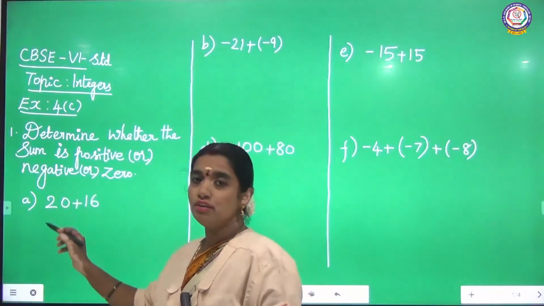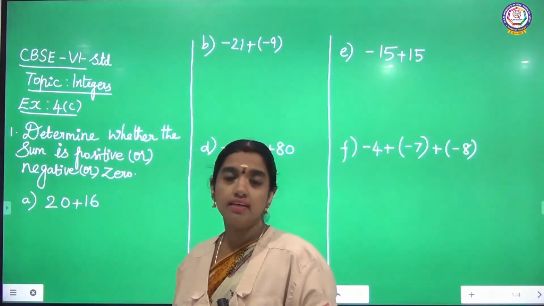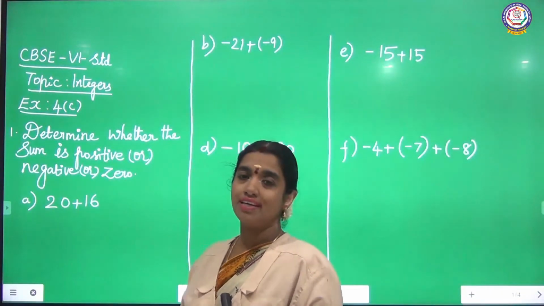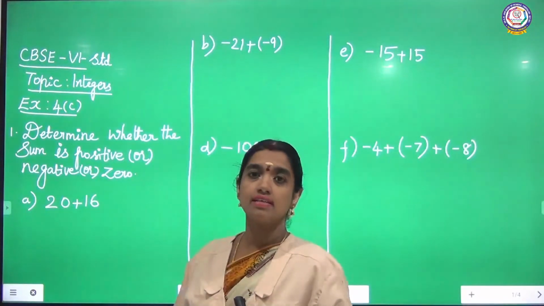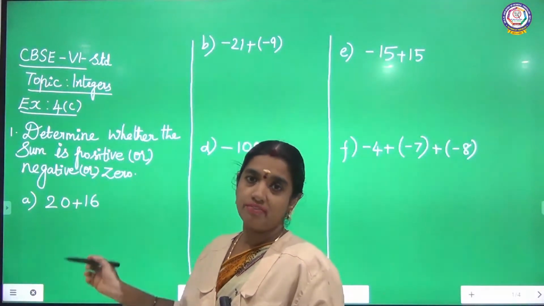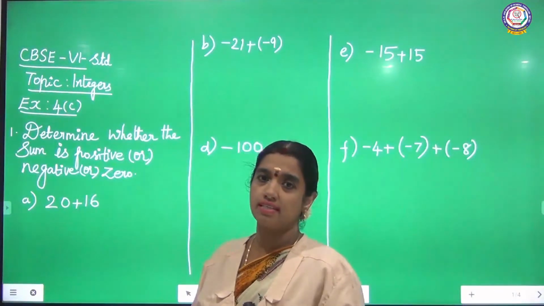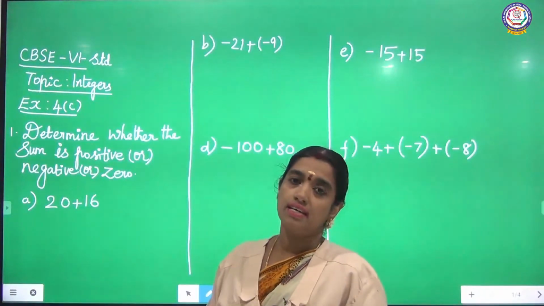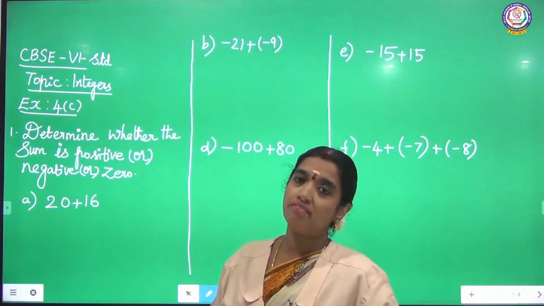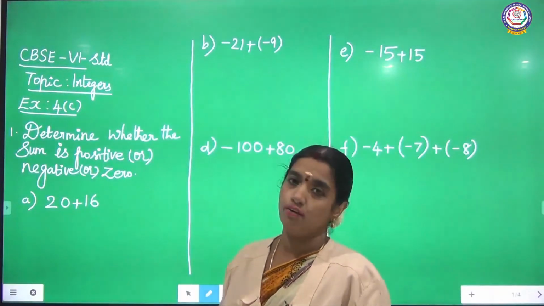I am going to simplify this and write whether it is a positive integer or a negative integer or it is a 0. Suppose if the value comes positive, it is a positive integer. Suppose when it comes negative, it is a negative integer. Suppose when I simplify, if I get the answer 0, it is a 0.